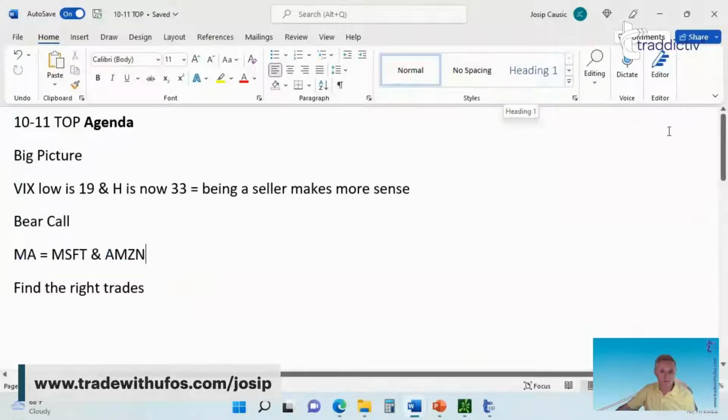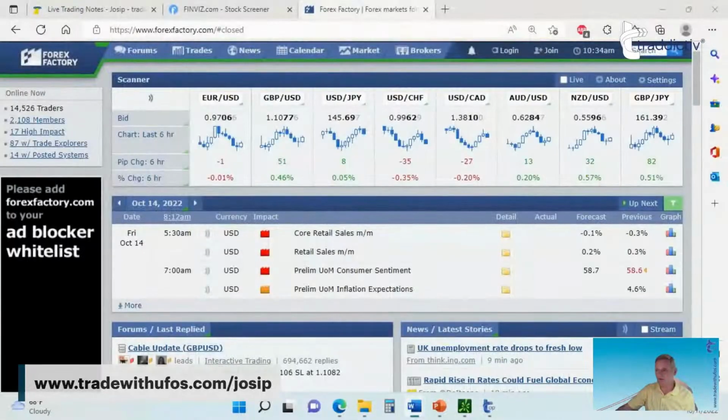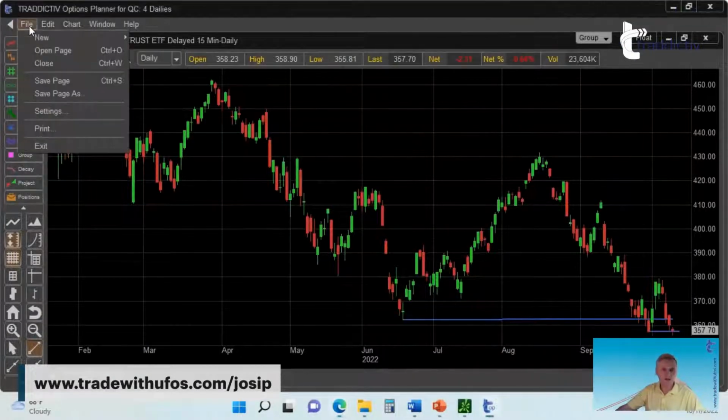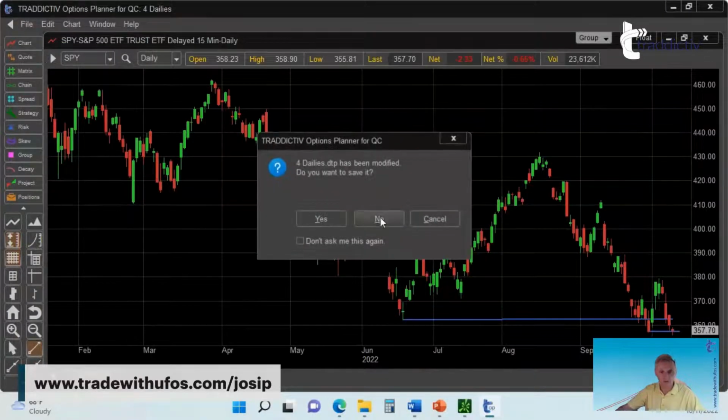We're now going to be looking at finding not just any kind of trades, but the right trades. One of the best ways to do that is to utilize the Top Trade Active Option Planner, and the way I like to do that is to bring in the option value map.